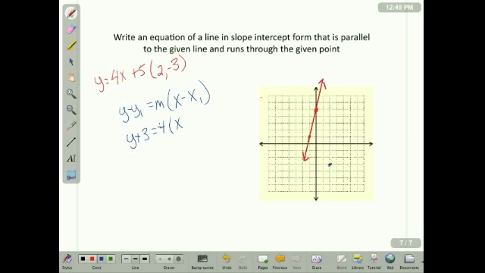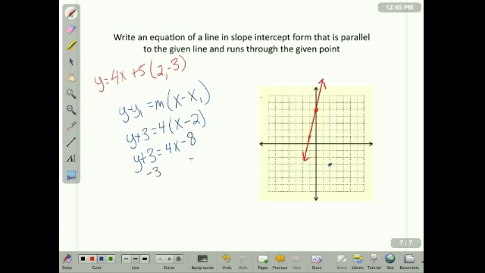And I know my m is 4 because it has to be parallel, which means that the slopes are the same. Minus a 2. And I simplify this. y plus 3 equals 4x minus 8.